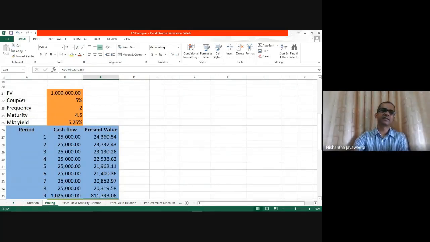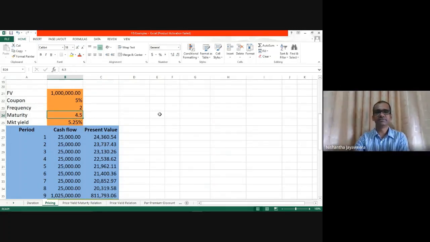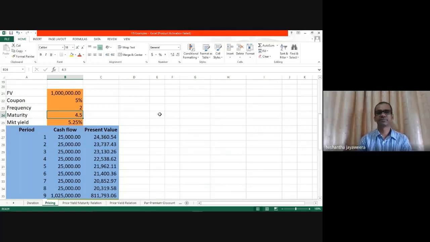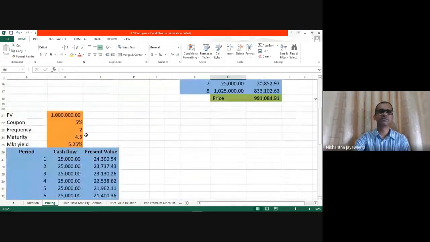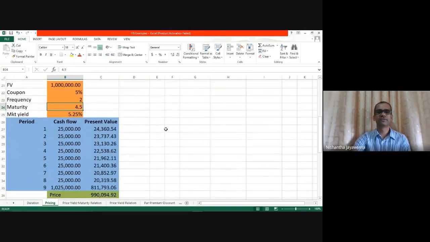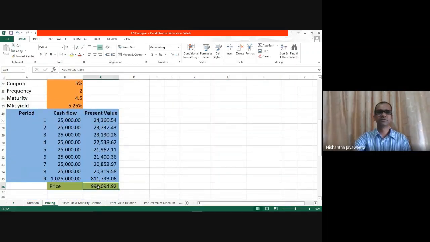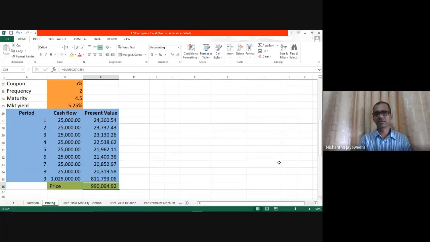This is the example with a longer maturity, longer by one semi-annual period, or half a year. This one maturity is 4 years. This one maturity is 4.5. So you can see the price is lower when the maturity increases. Clear?